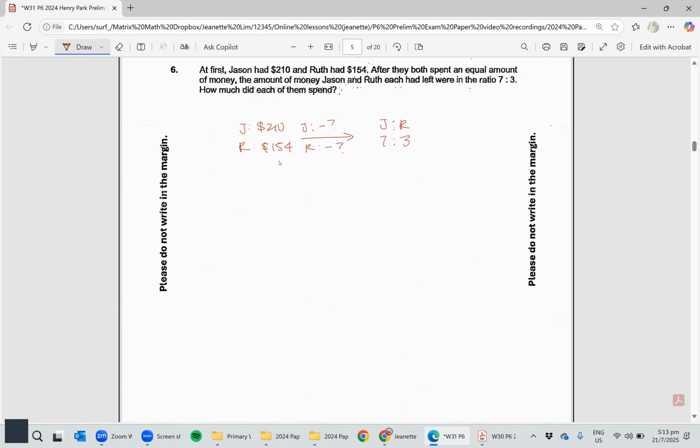Okay, so we find the difference. $56 is 4 units, because the difference is 4 units. And we find 1 unit, which is 14.